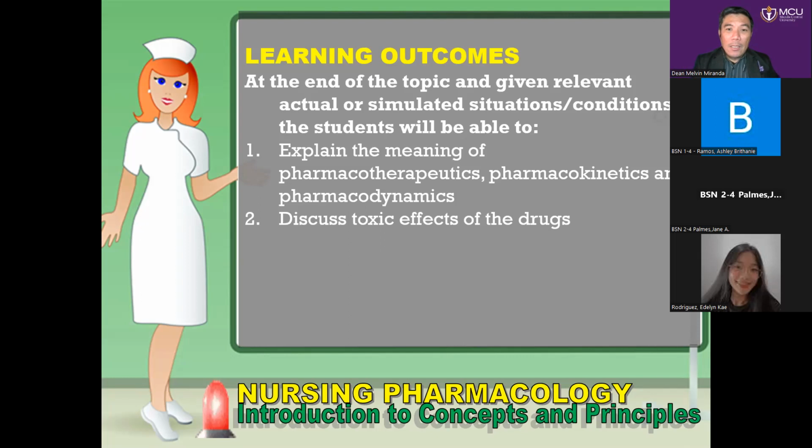So our purpose is to counteract the toxic effect of the drug, because it's already a toxic effect since the heart rate continuously slows. So we need an antidote.